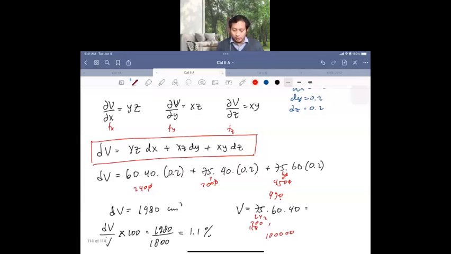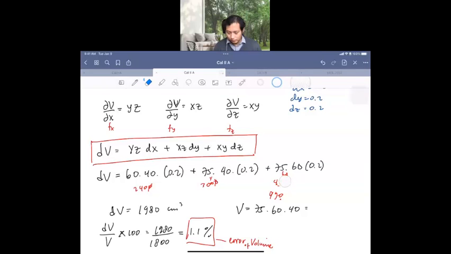So this will be the error for the volume. Okay. Any questions? I think it's very clear, right? It's a simple example.